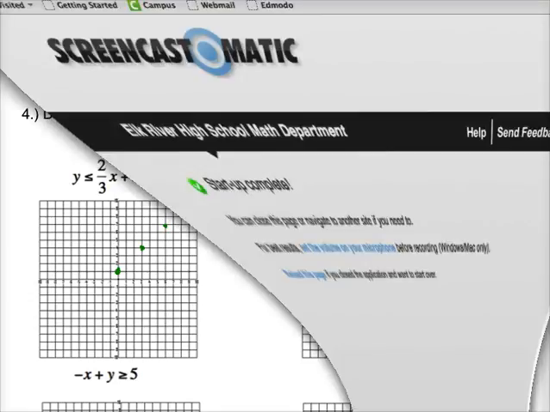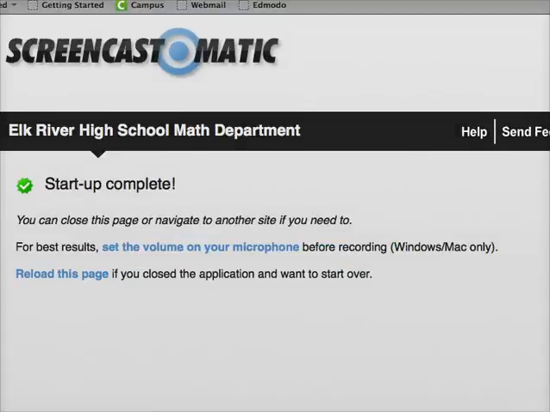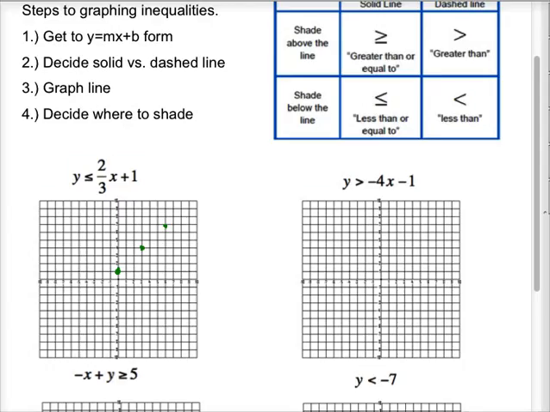Oh, actually, I apologize. There we go. I was actually graphing that wrong. Here we go. That's better.